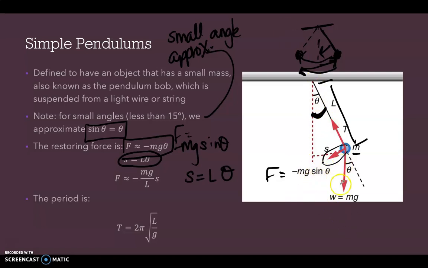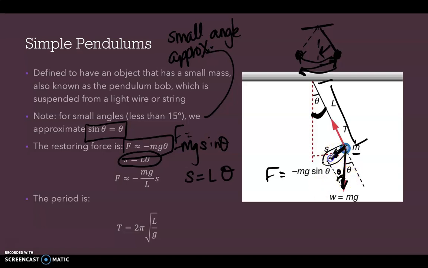So we can say this is theta. We know this here as the weight, mg. If I'm looking at this angle, this is also theta, and I want to know this force here.